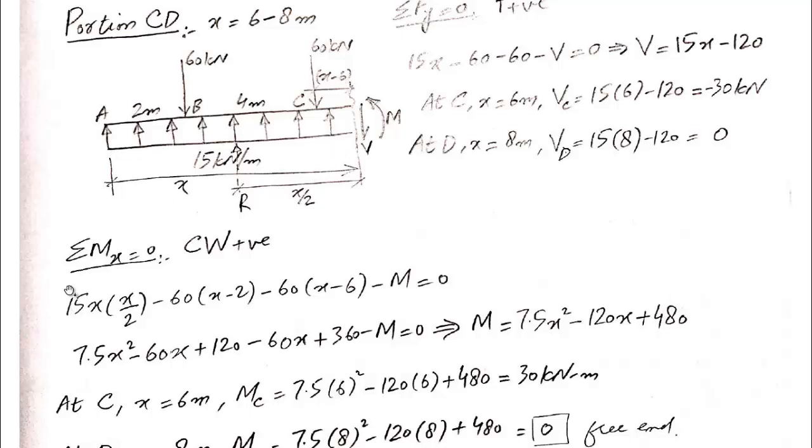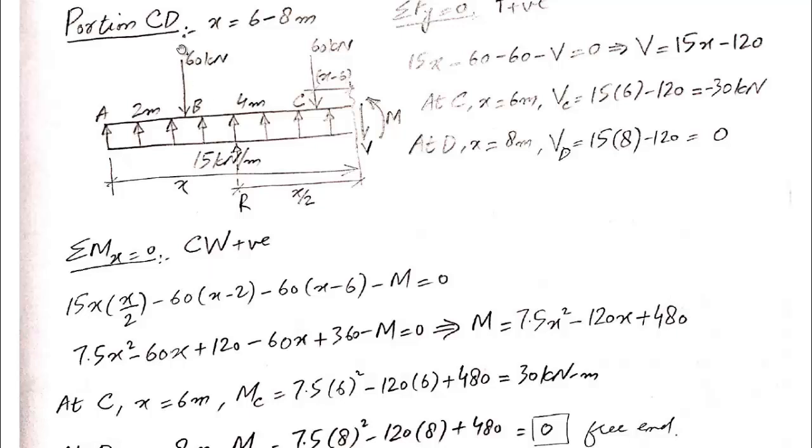So 15 into x is the magnitude of the resultant, and its perpendicular distance with respect to section is x by 2 as it is labeled here. And this resultant will produce moment in clockwise direction, so it should be taken as positive. 15 into x by 2 is the moment generated by this force about the section.